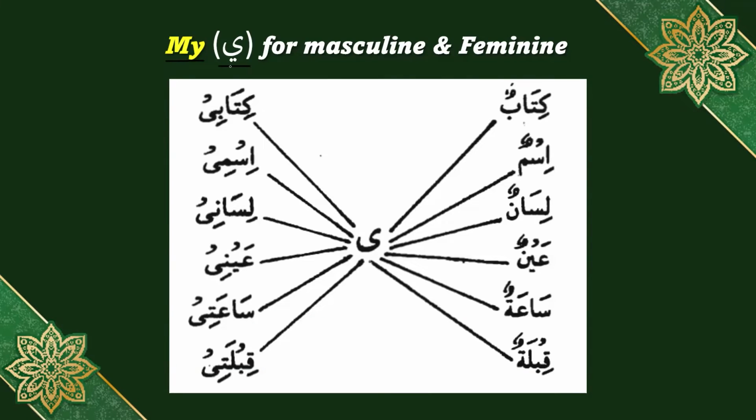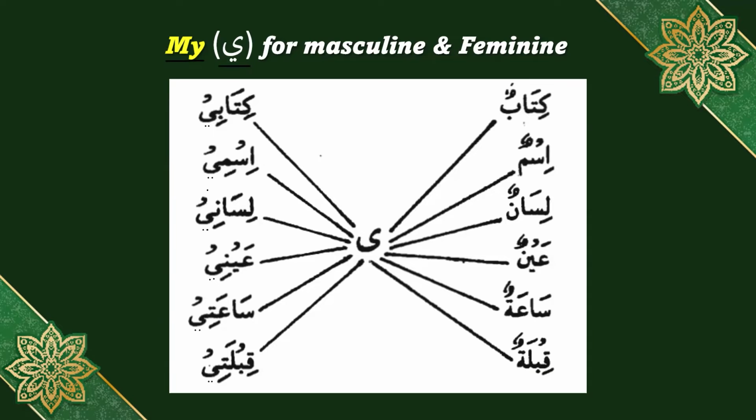Remember that in modern standard Arabic, it's written with two dots. So you can see two dots here, and it can also be written without two dots. When you talk about the Quran, in the Quran it is always written without two dots, but in modern standard Arabic it's generally written with two dots. So the non-Arabs are able to understand that this is ya and not something else.